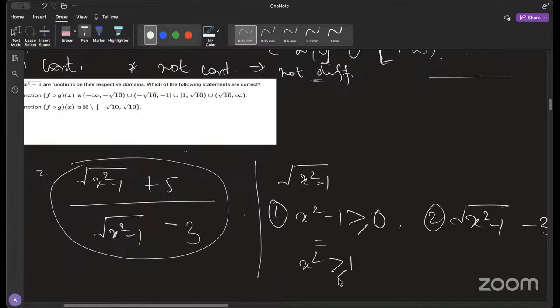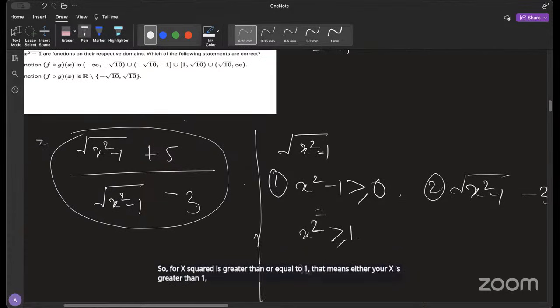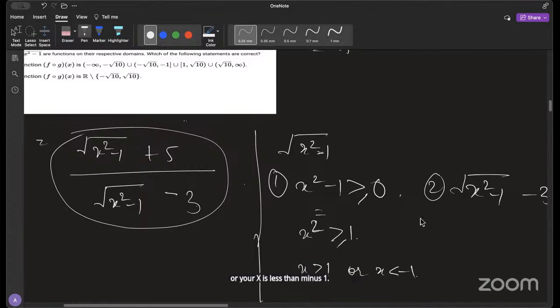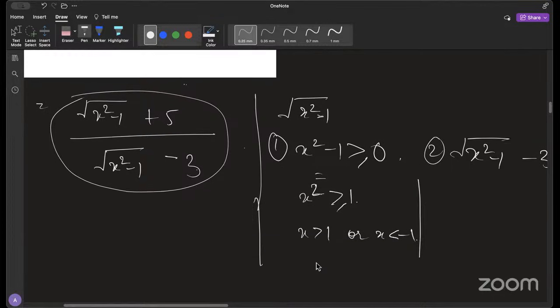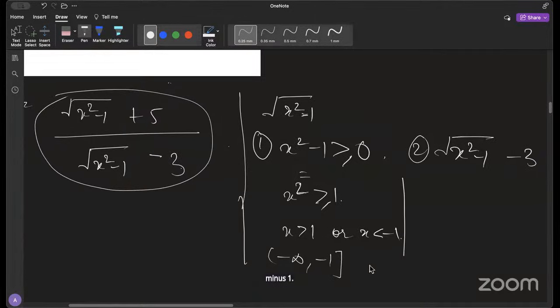So if your x square is greater than or equal to 1, that means either your x is greater than or equal to 1 or your x is less than or equal to minus 1. And this gives you minus infinity to minus 1 and 1 to infinity, right? From the first condition, you get this thing, and then you take the intersection of these two.